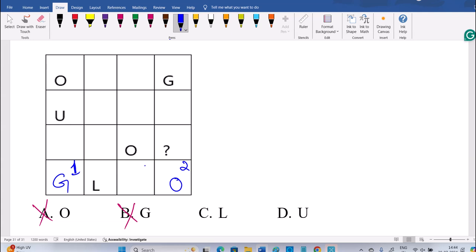In this column we are already eliminating O. O cannot come in this slot, this should be only O. One more position there, and G should be here, this should be L. So the answer is U.